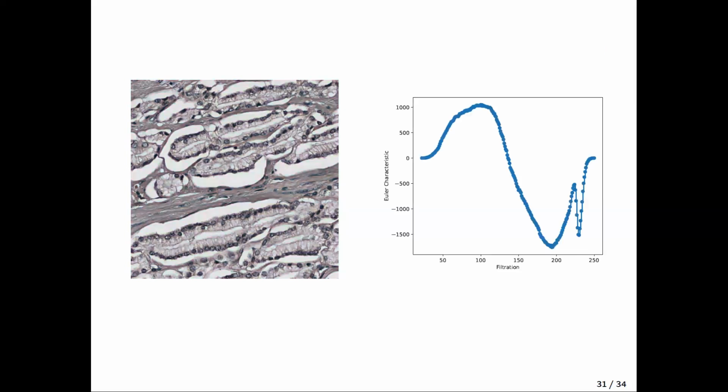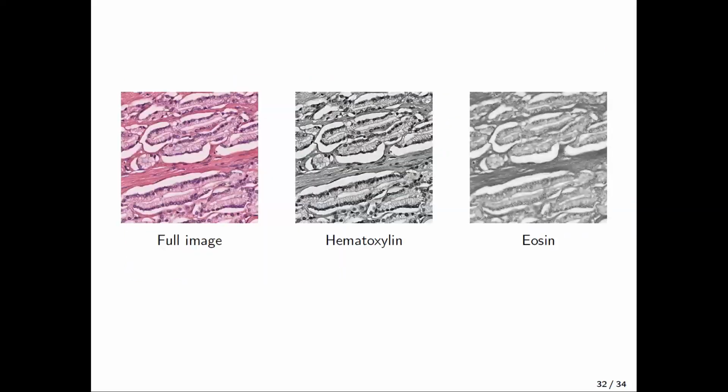So you could extract these two different color channels, which I will not even try to pronounce, but you can see that they extract different features. Here you are extracting information about the cell nuclei, and here information about the membrane.